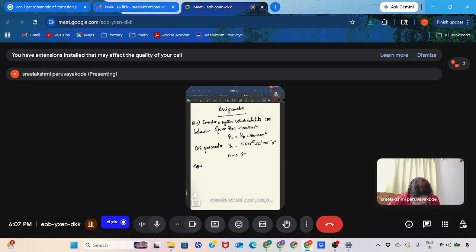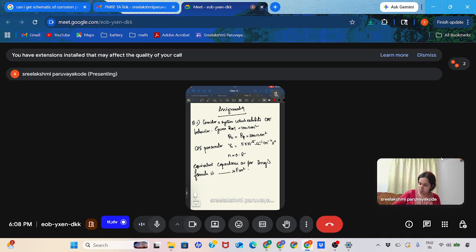We have to find the equivalent capacitance as per Brug's formula is dash microfarad per centimeter square. So this is the question.